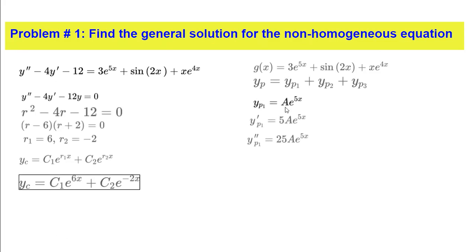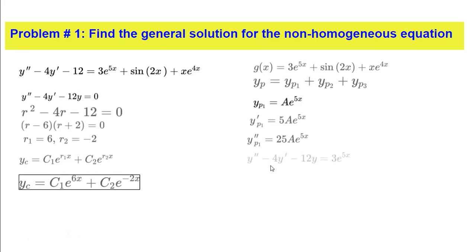Now, we will be substituting the two differentiated expressions into this non-homogeneous differential equation, replacing y prime prime and y prime. When we see y prime prime, replace it by 25a e to the 5x. And when we see y prime, replace it by 5a e to the 5x.